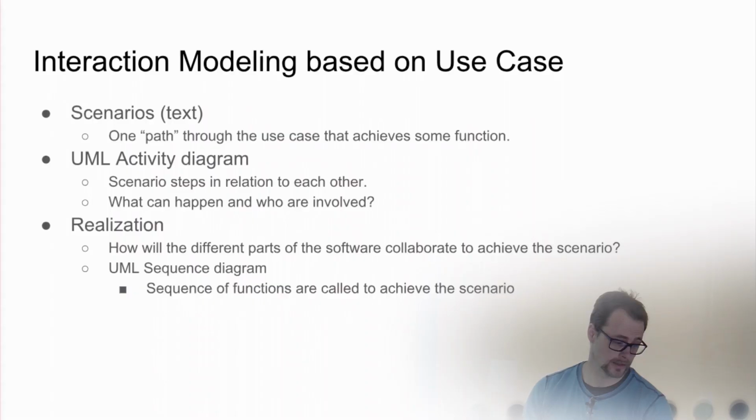All right. In the realization, we look at how the different parts of the software system will collaborate to achieve some functionality. And for this, we use the UML sequence diagram. Basically, the sequence of function calls, procedure calls, method calls that must happen to get the functionality that we want.